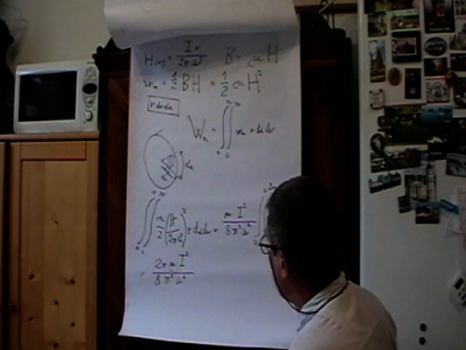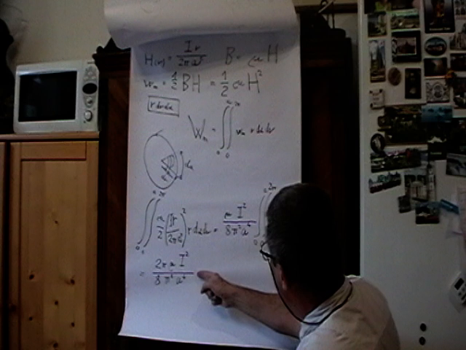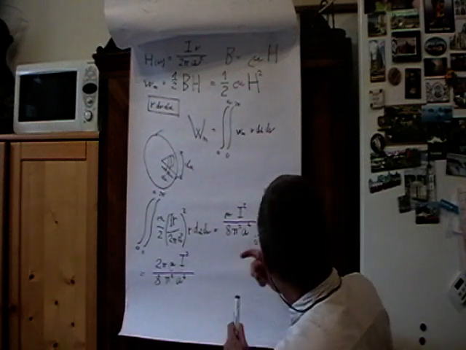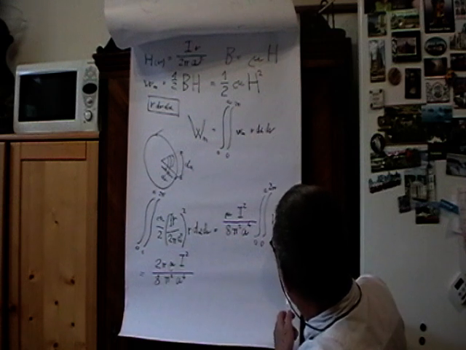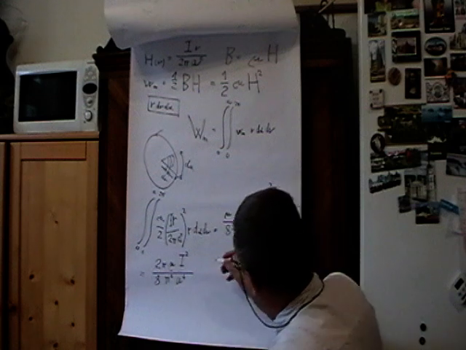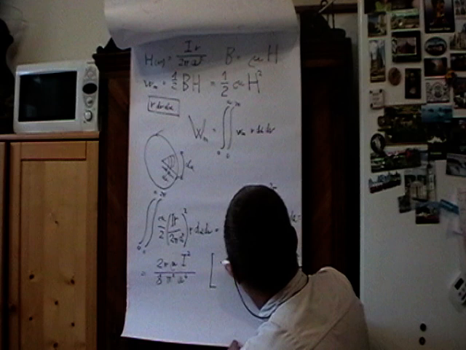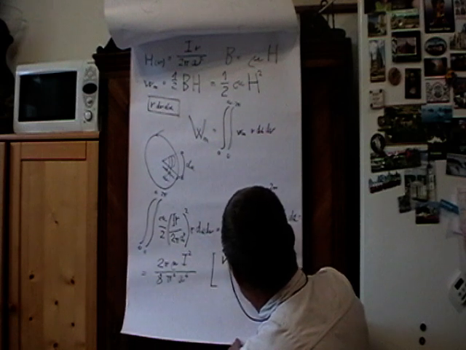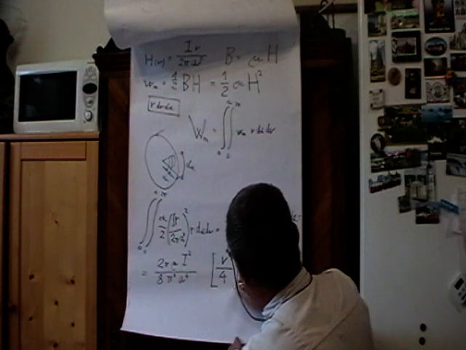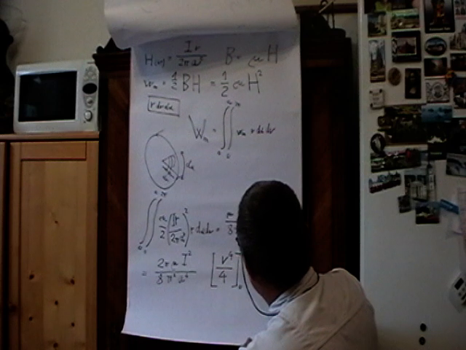And now we can get here the integral of r raised to the third power, from 0 to a dr, which could be rewritten as r raised to the fourth power divided by 4, and we should give the upper and lower bound, which is 0 and a.